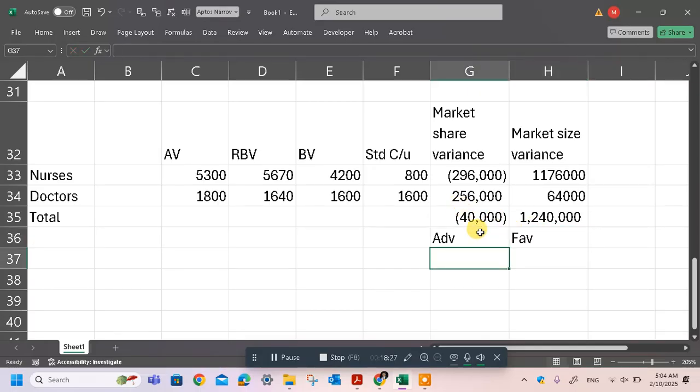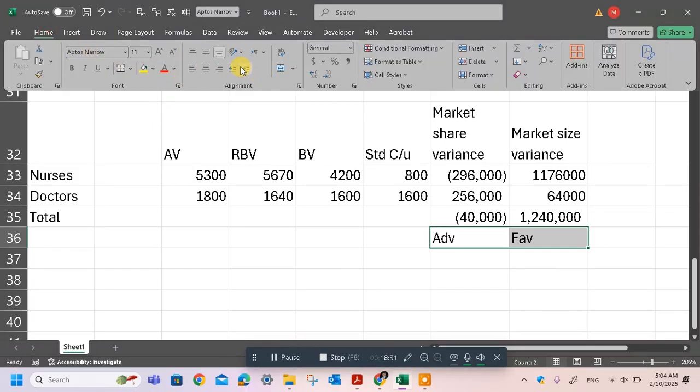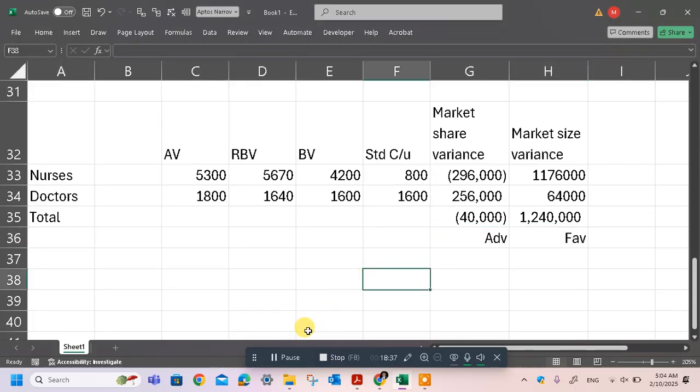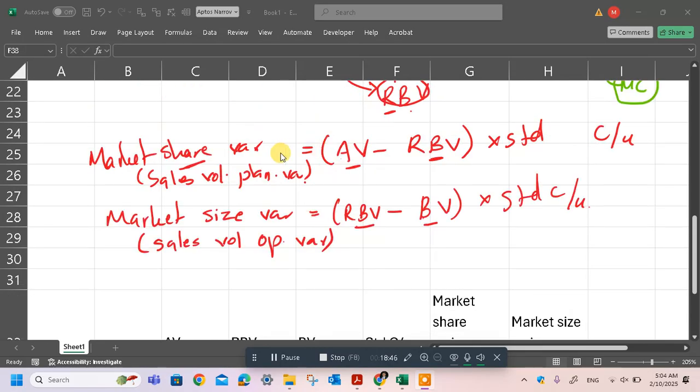We know that minus is adverse, plus is favorable, but still better to mention in the answers so that any confusion is avoided. Clear? So, that would have been much easier calculation if you followed this approach of formula. Market size variance, how we find it, market share variance, how we find it.